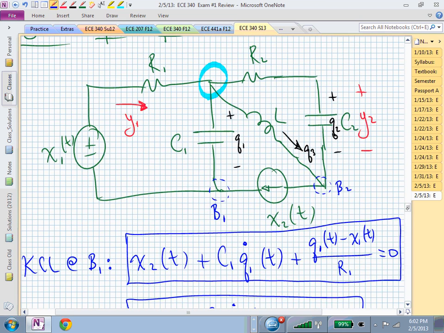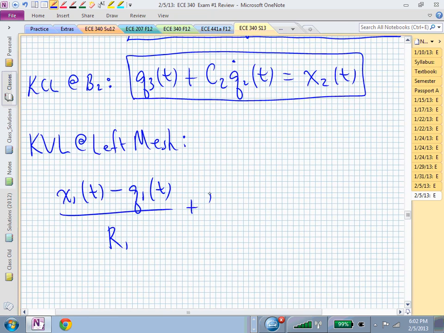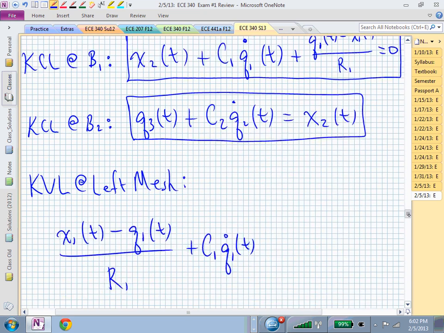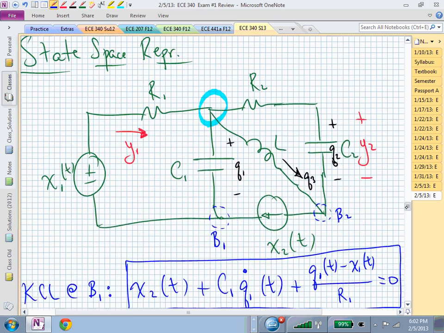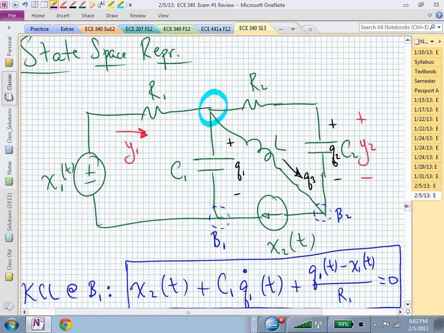Then we would have a current down through that first capacitor, plus C1 Q1 prime of t plus Q sub 3. Whoops. Those are all leaving, so I need to change this, don't I? So this was coming in from the left, x1 minus q1 over r1, and now I'm having everything else leave.